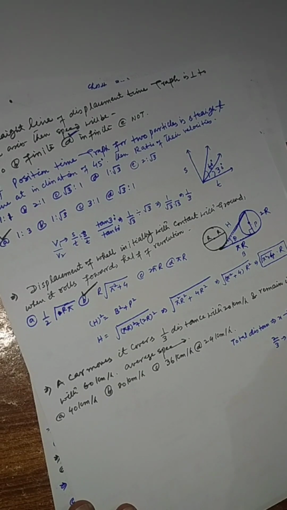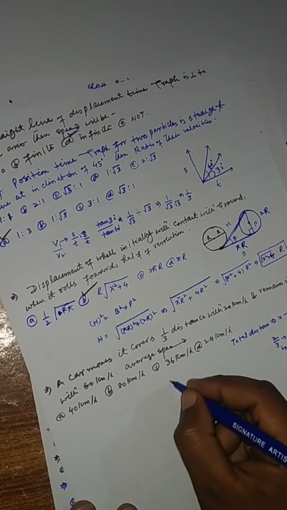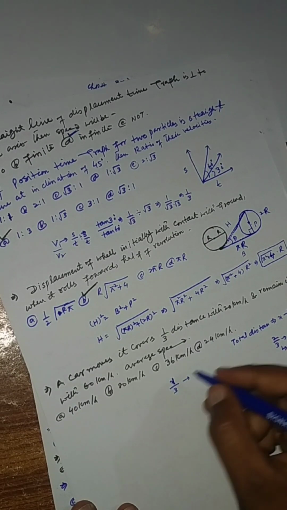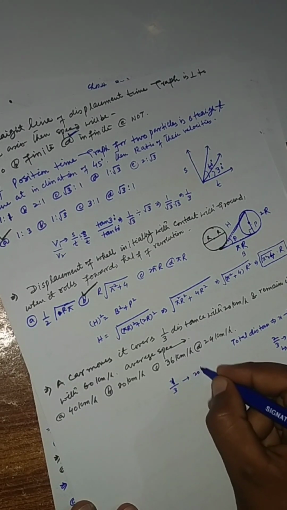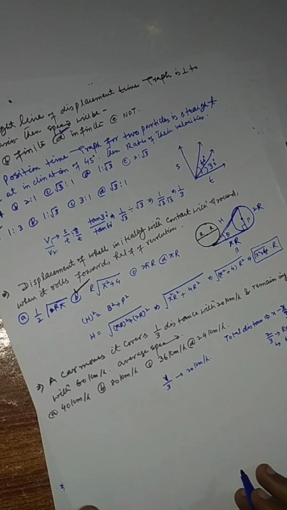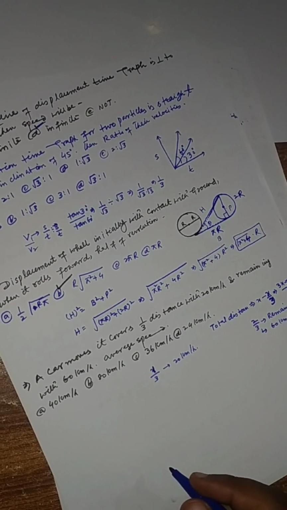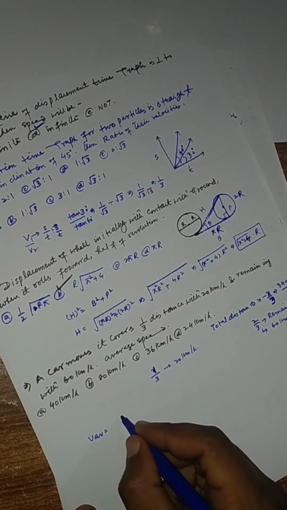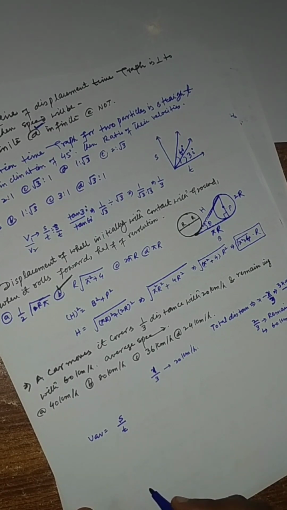Okay, so this remaining distance the body moves with the speed of 60 km/h, and the distance x by 3, the body moves with a speed of 20 km/h. Then we have to calculate the average speed. As we know, average speed is total distance over total time.